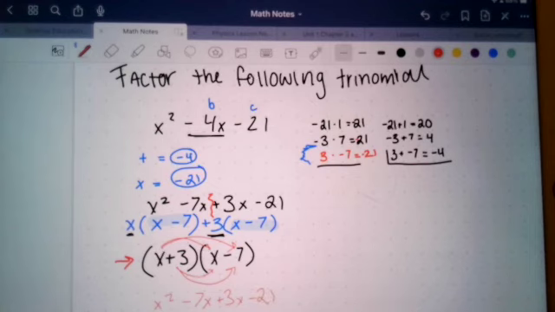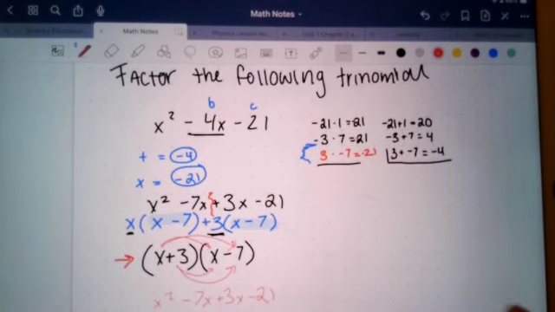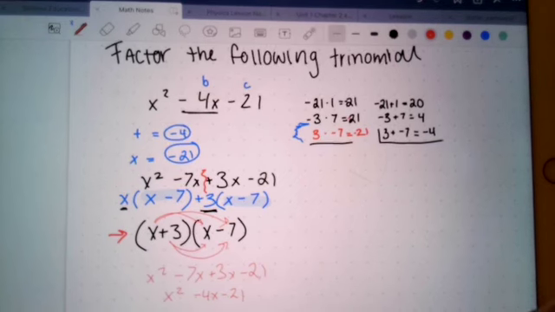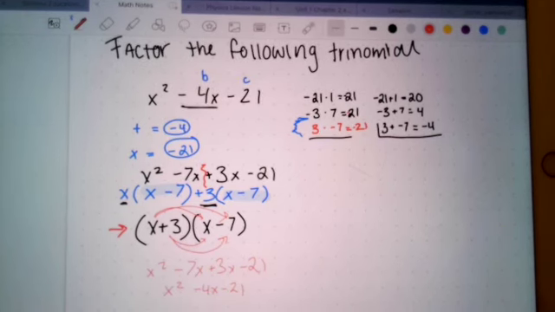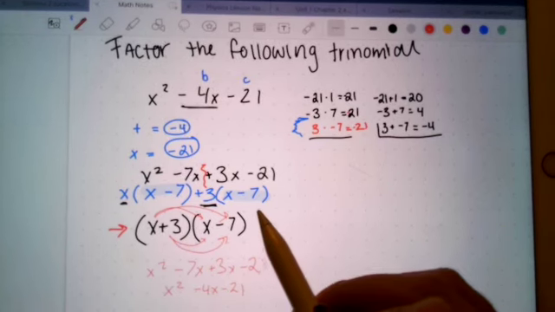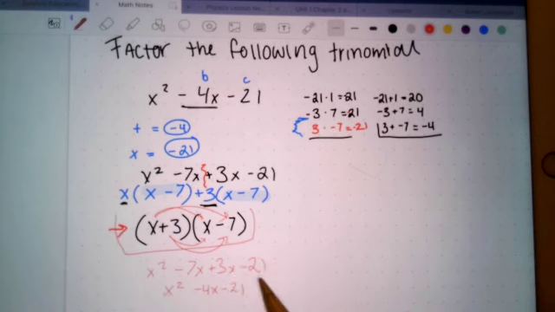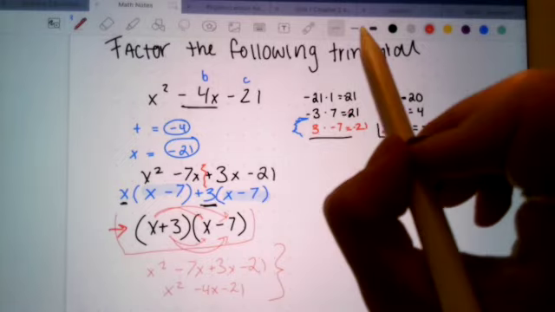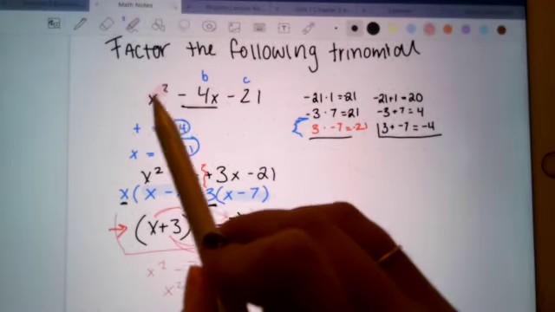Now I can simplify to x squared minus 4x minus 21. And I have officially factored this trinomial. Again, this is my answer. This was showing you how it actually works. And so you can do this with any trinomial that follows this pattern.